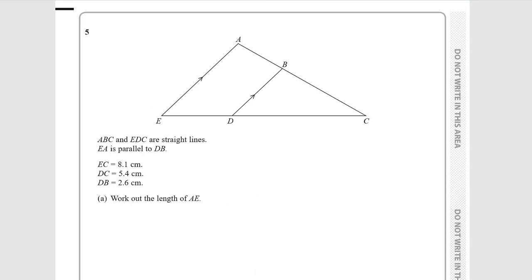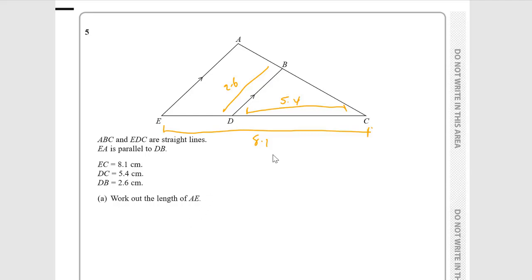Question 5. So work out the length of AE. So we have AE here. We know EC, so this whole thing here is 8.1. DC, excuse the badly drawn lines, is 5.4, and then DB is 2.6, and they're all in centimeters.